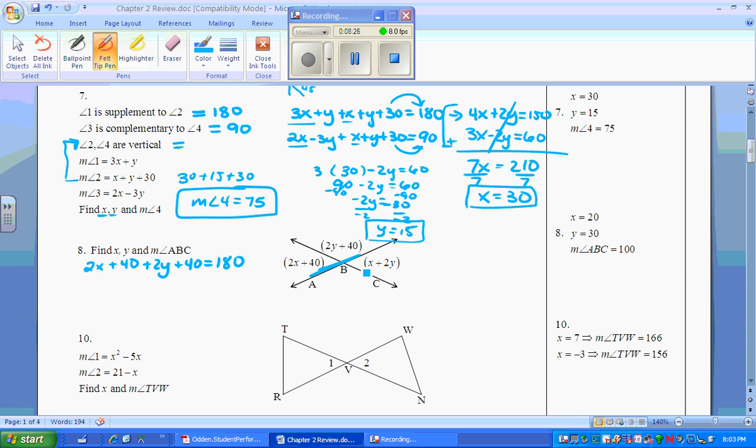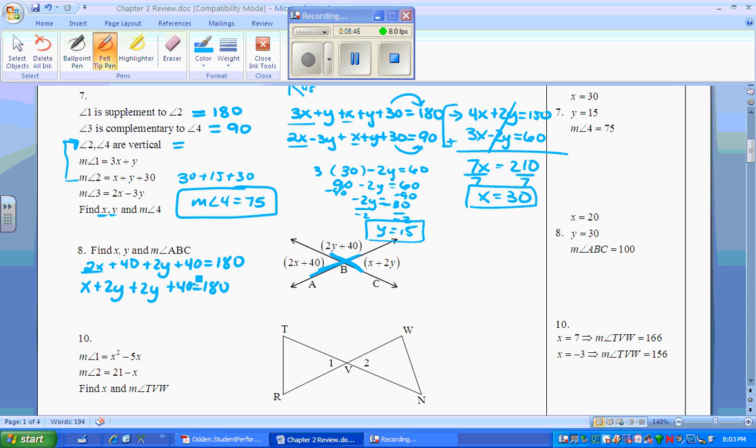And then I can say these two this way also add to equal 180. So x plus 2y plus 2y plus 40 equals 180, and set up another system.